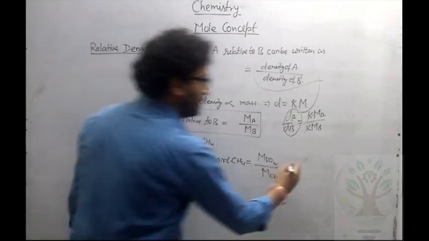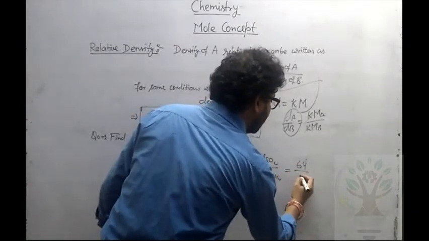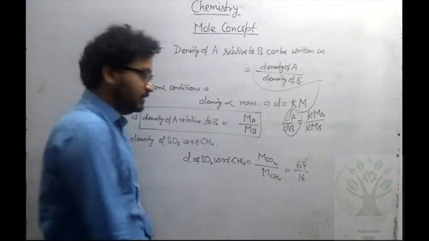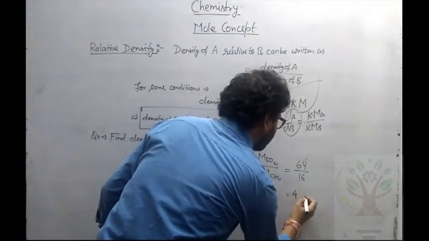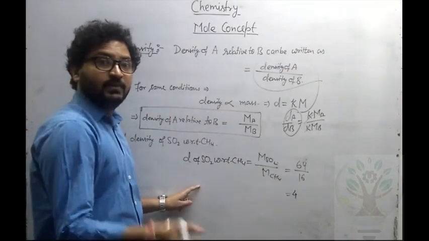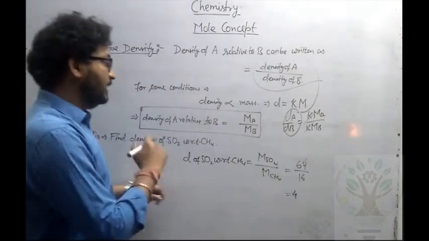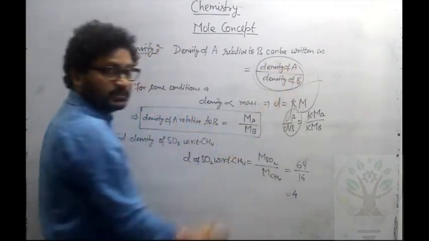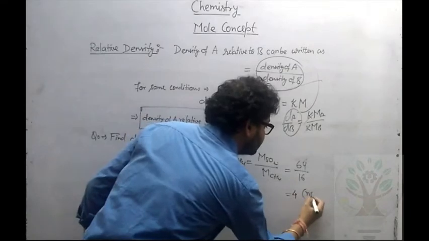So it will come as 64 divided by 16. SO2 has molar mass 64, CH4 has molar mass 16. So it will come as 4. Tell me, what will be the unit of relative density? Relative density will have no unit. Why? Because it is the ratio of two densities. So no unit.